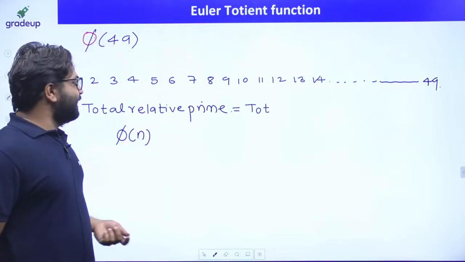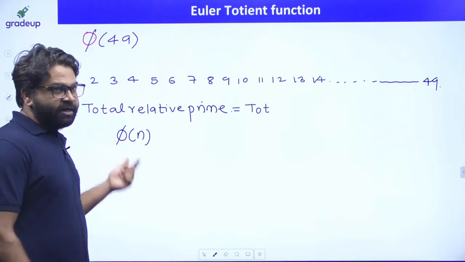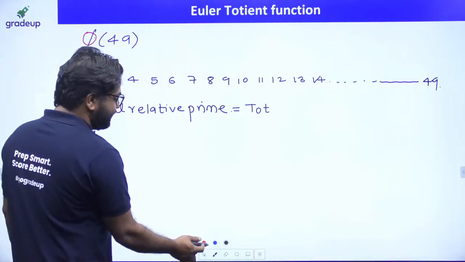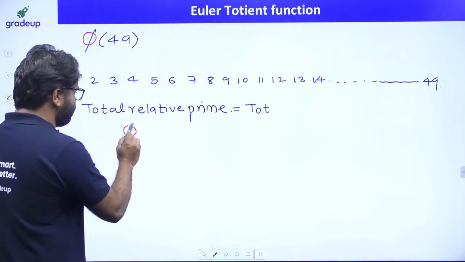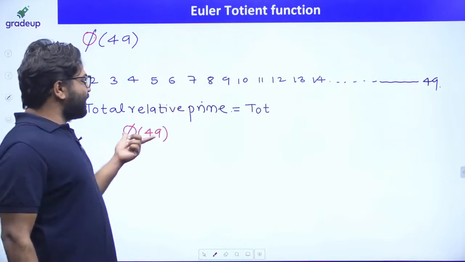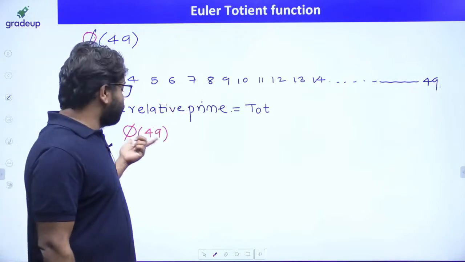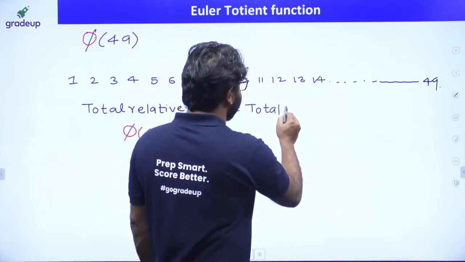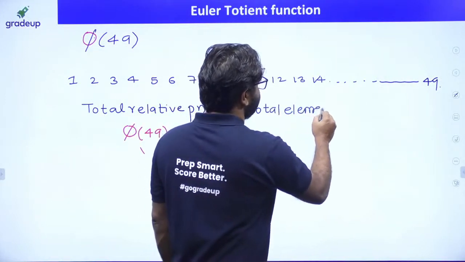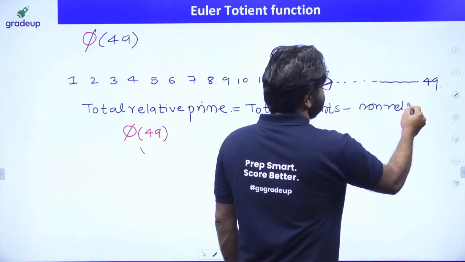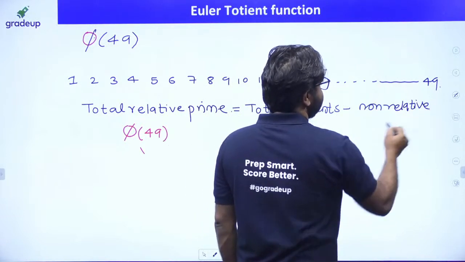What is the total number of relative primes? That is the totient function of n, or in other words, the totient function of 49. So total relative primes is basically the totient of 49. In order to do that, I will get total elements minus non-relative primes. So let's try to understand this.